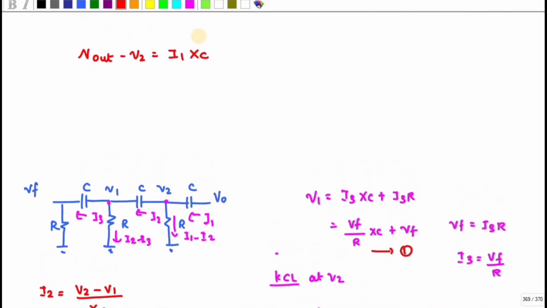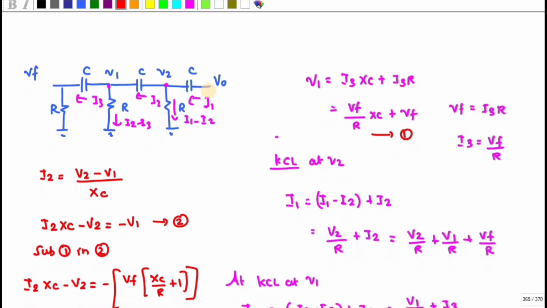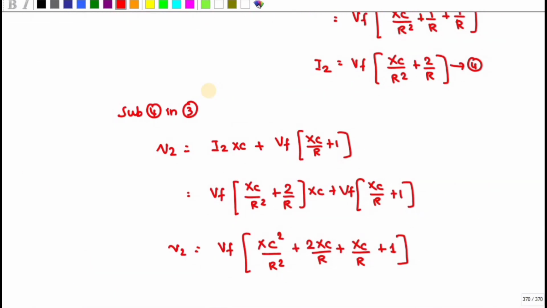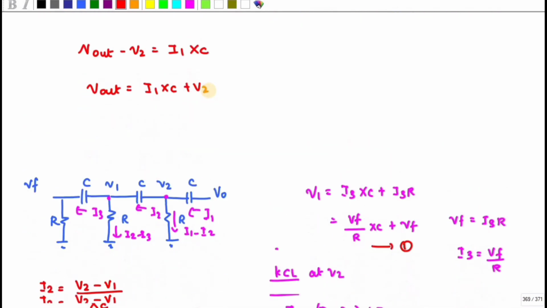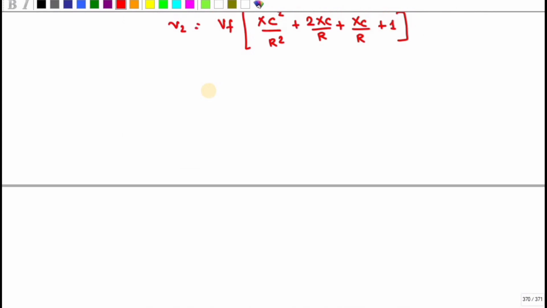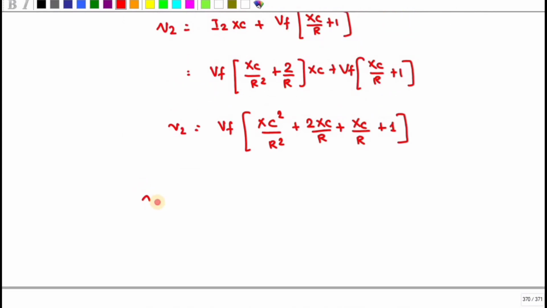So I can write V out is equal to I1 Xc plus V2. Am I right? So I have found my V2 value as this one. So V out is equal to I1 Xc plus V2.